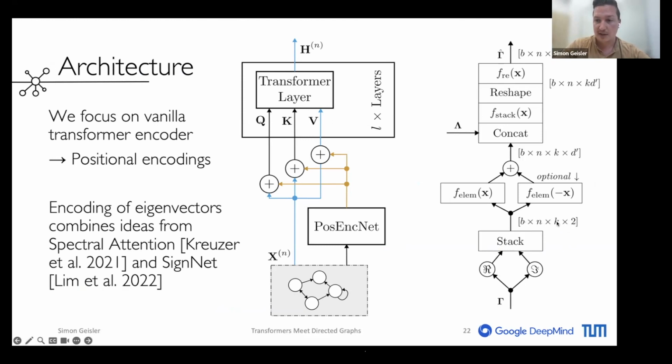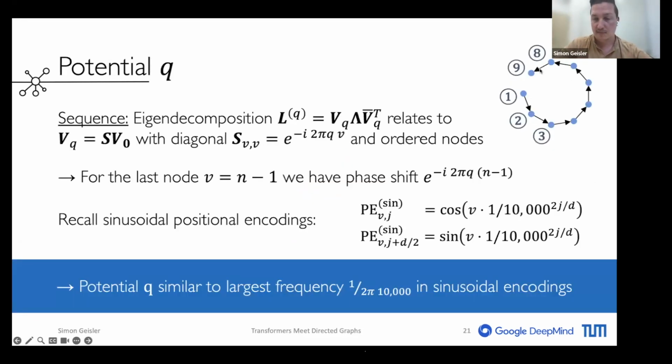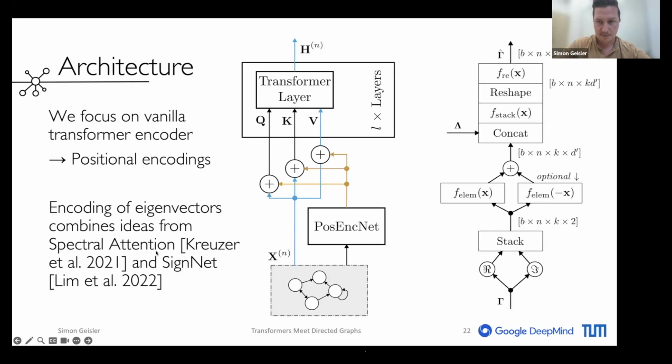Here we first apply something on the level of each eigenvector independently, and then in the end, after this reshape, we use an MLP to combine the different channels. We can ignore the D for now, and ignore the ×2 from our stacking, and pretend we just have our K, which is our number of channels.